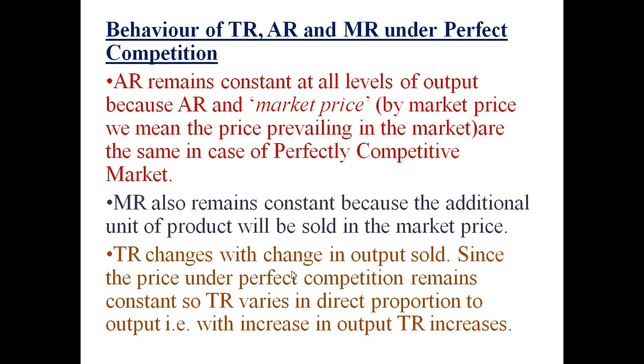And let me talk about the imperfect situation. Imperfect situation can be monopoly, duopoly, oligopoly, and monopolistic competition, which actually exist in real life situations, in which the products are not homogeneous.